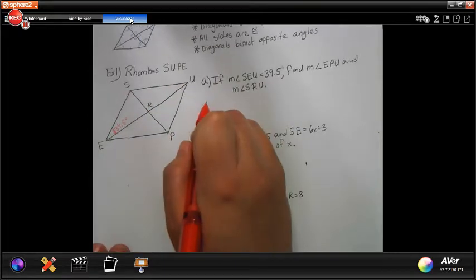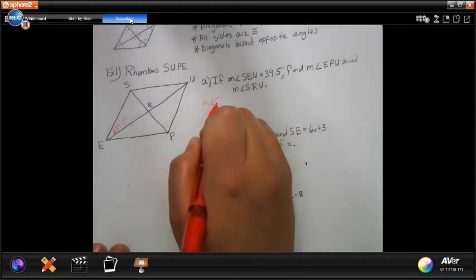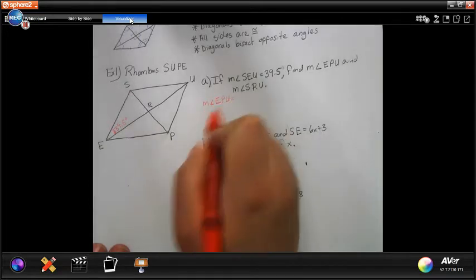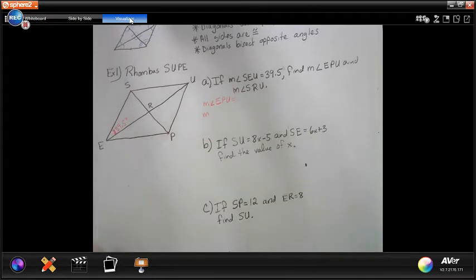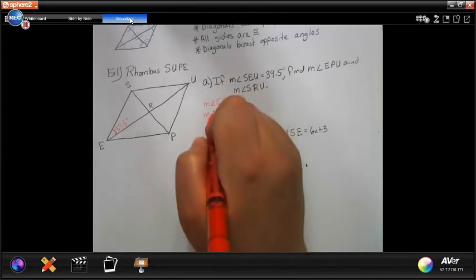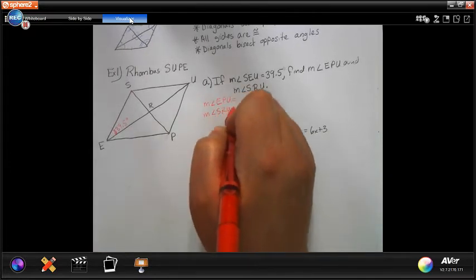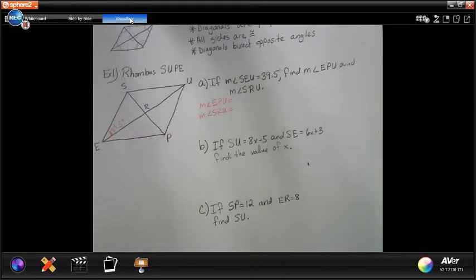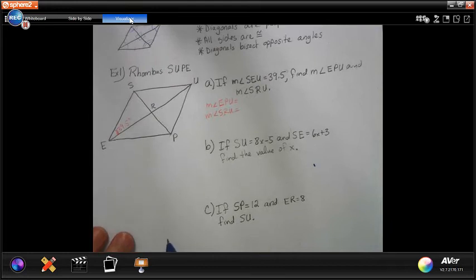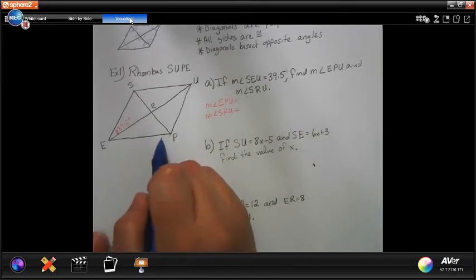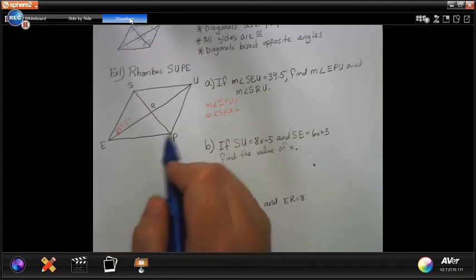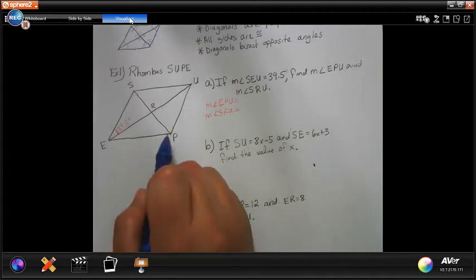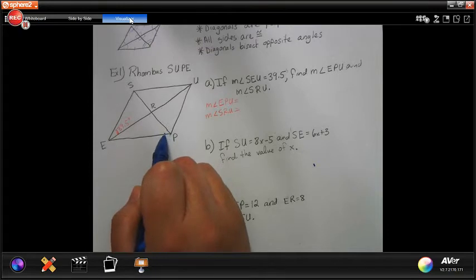So we need to find measure of angle EPU and measure of angle SRU. Okay. Measure of angle EPU. I'm not really sure what it is. EPU. I don't know what this piece is.